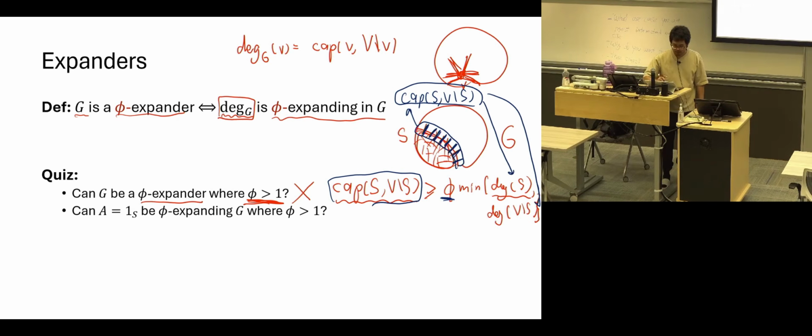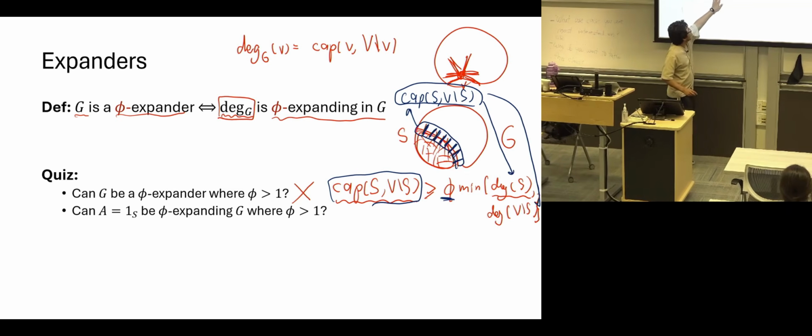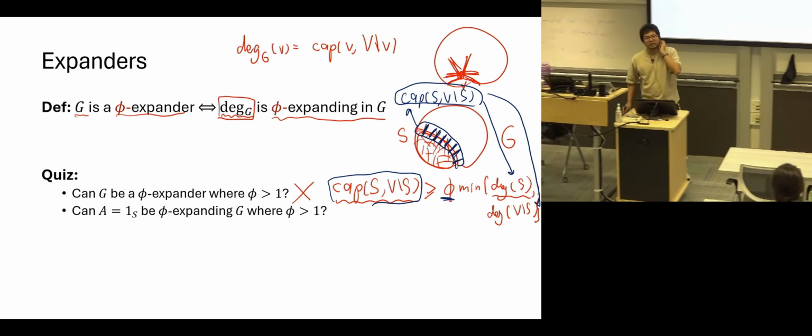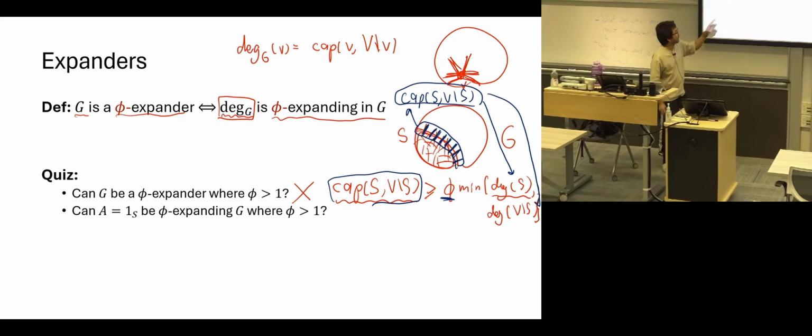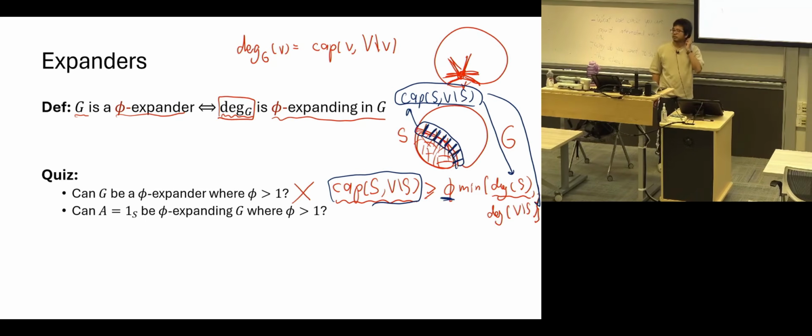All right. Next question. Let's say that A is the indicator vector of some set S. Can phi be more than 1? What do you think? Yes or no? Can A be phi expanding and phi is more than 1? Who thinks no? Who thinks yes?